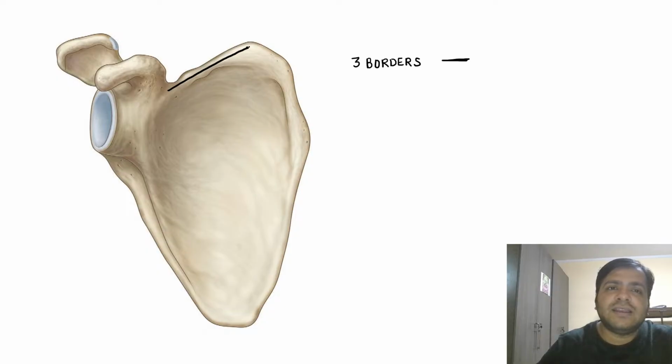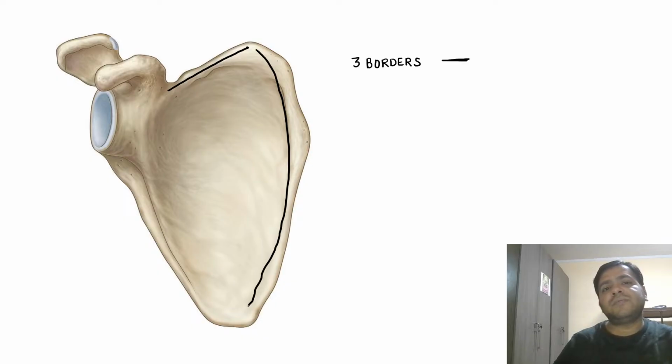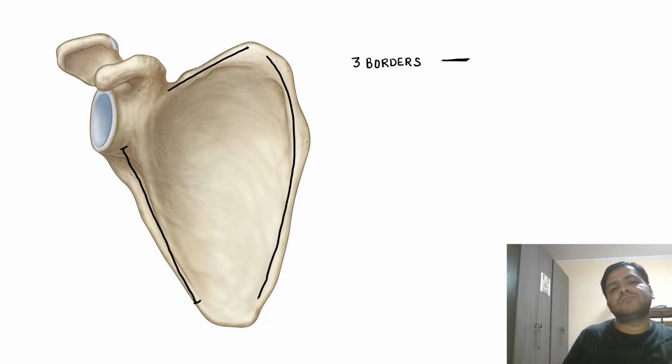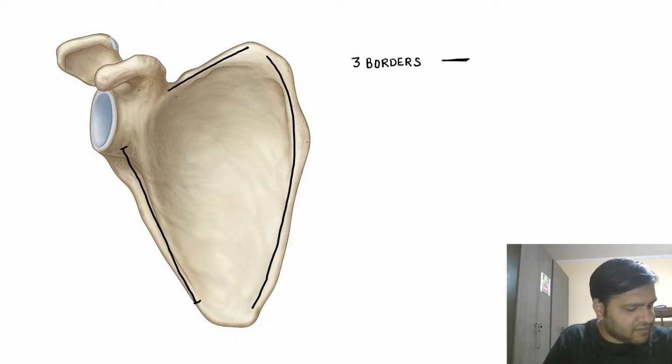One line like this, one line like this, and one line like this, right? It's a triangle formed from three lines. So we have three borders, and the muscle attachments on these borders are very, very important.